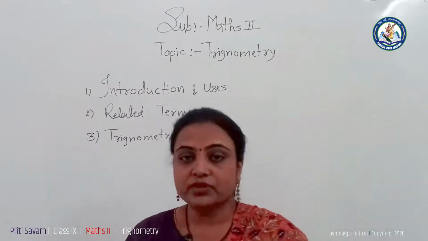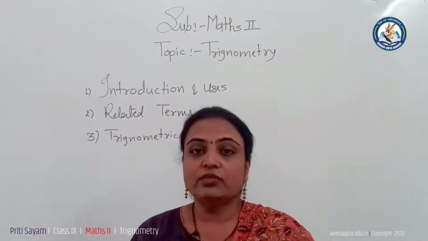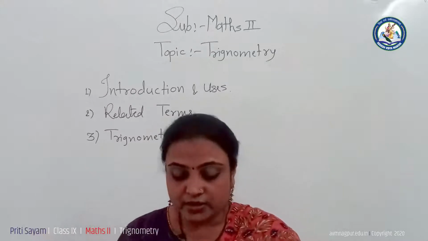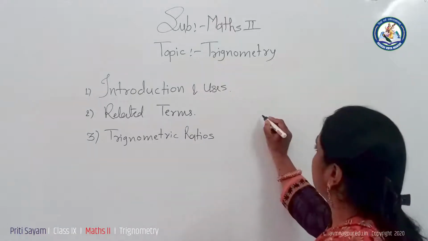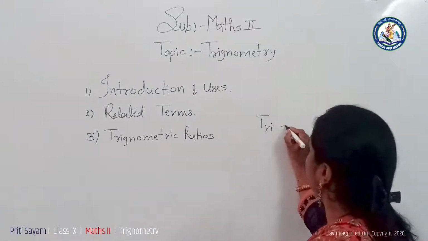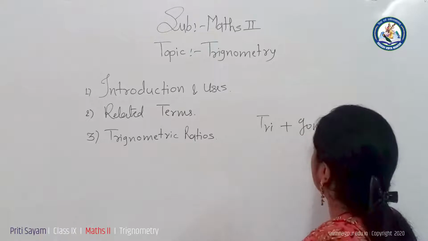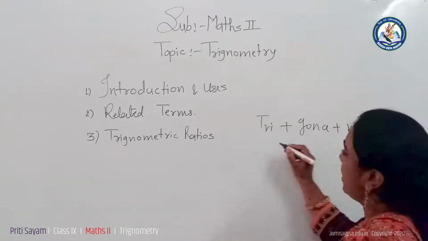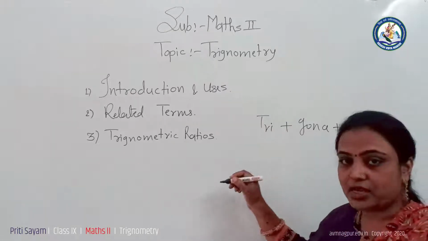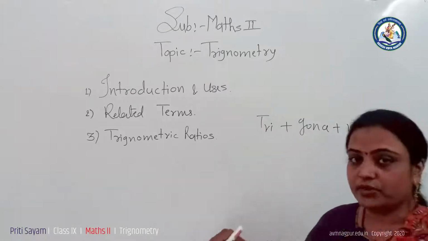Trigonometry is a Greek word derived from three words: tri, gona, and metron. Tri is 3, gona means sides, and metron means measurement.